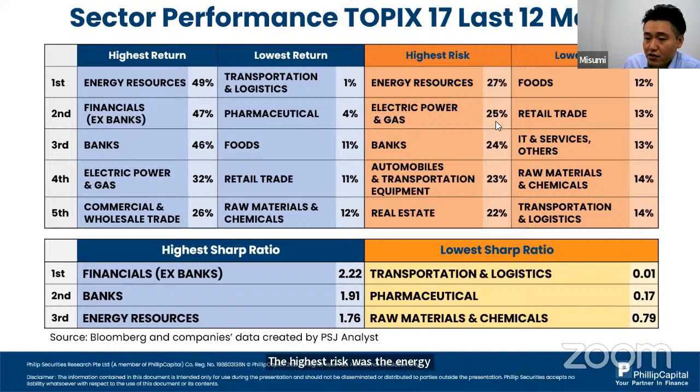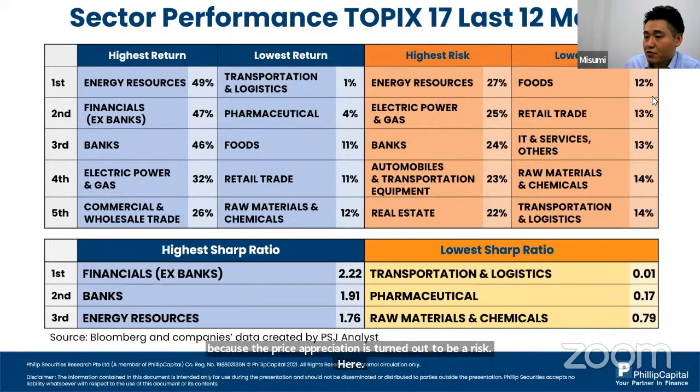Electric gas is also very high risk. Bank also, because the bank is relatively stable in normal cases, but because of price appreciation, it turned out to be riskier than other sectors.